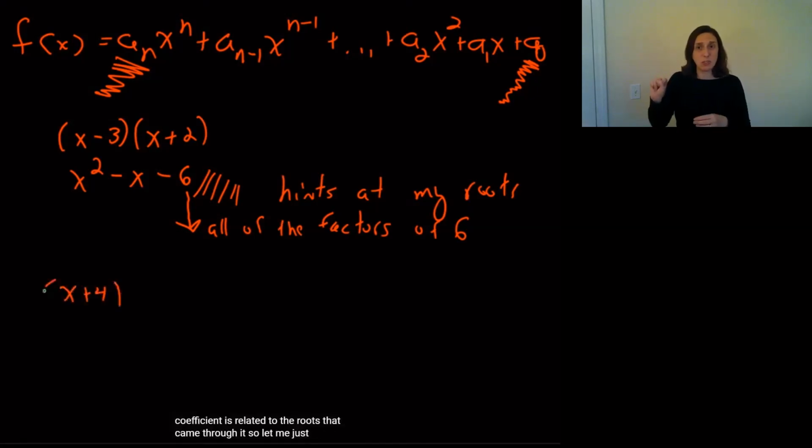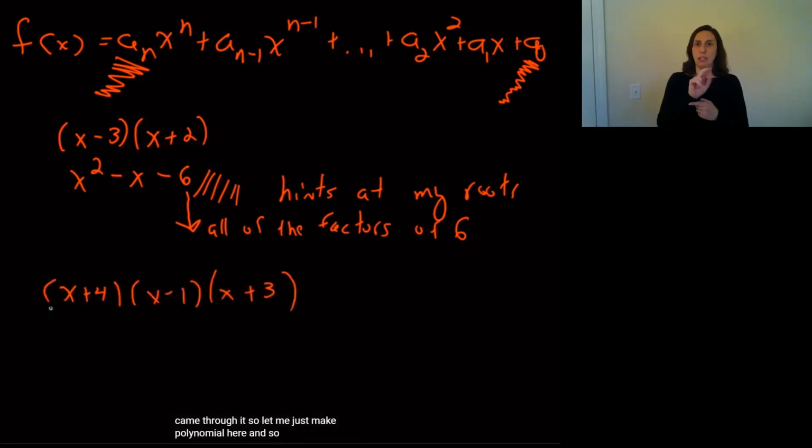So let me just make a polynomial here. And so my roots are 4, -1, or I'm sorry, -4, +1, and -3, right? They get the opposite sign. Remember, our factor is in the form x minus k, so my roots are the opposite sign of my factors.